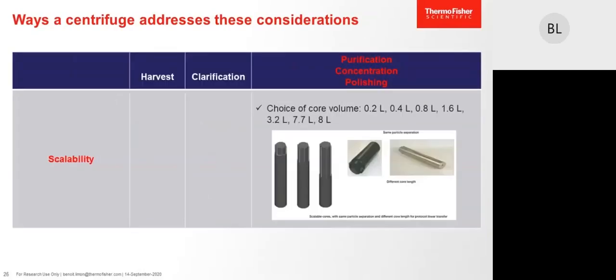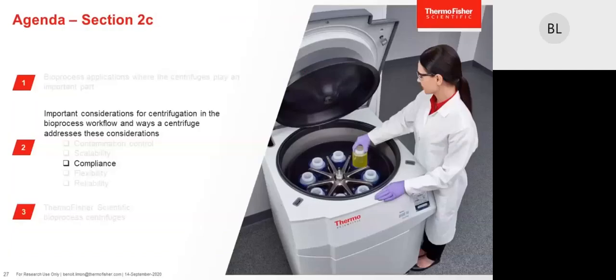And when looking at the continuous flow system, you see the rotor or the insert can have different volume, meaning changing the flow rate, changing the scale of the process, but always keeping the same separation characteristics, with the same radius, the same minimum radius and maximum radius, and the same G-force. The compliance is always key in mind when considering the bioprocess application.